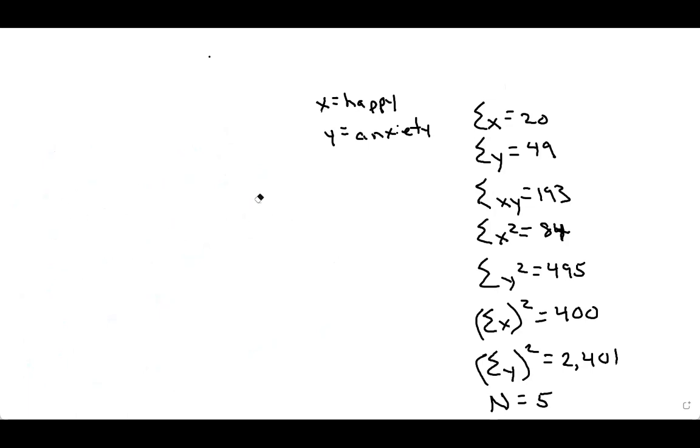We do know that X is happiness and Y is anxiety. Just to go back as a refresher, I'm going to write the formula for Pearson product one more time, and then we're going to plug the numbers in at the top.